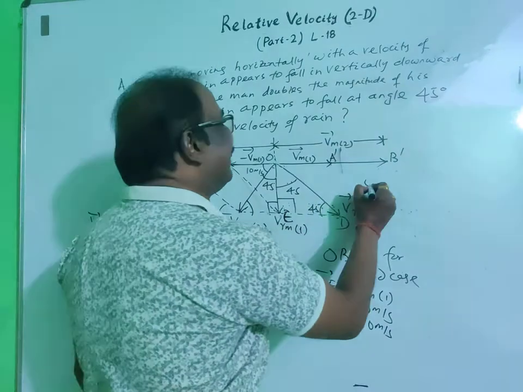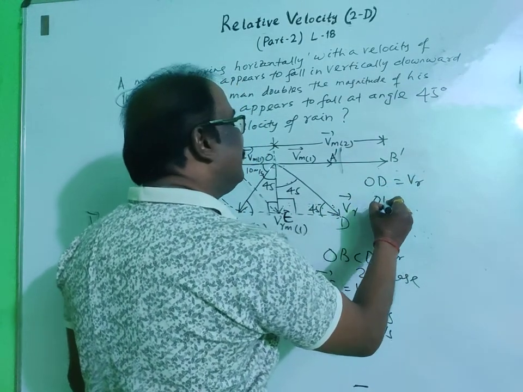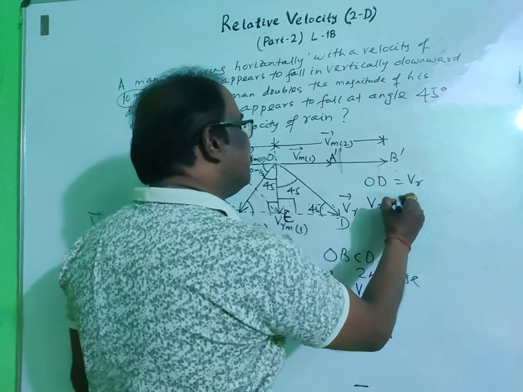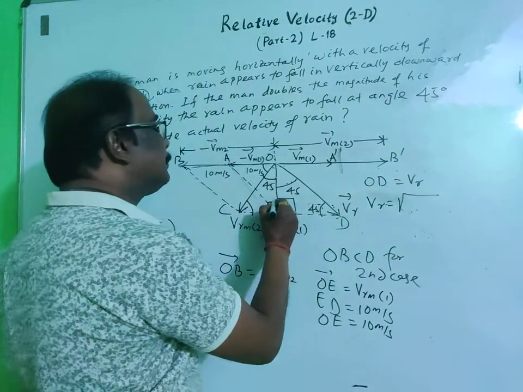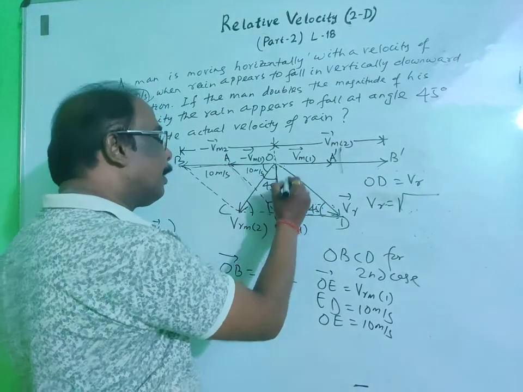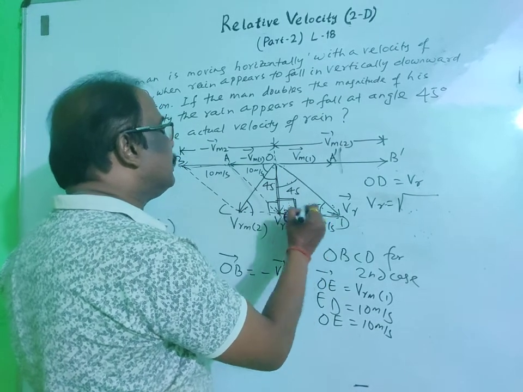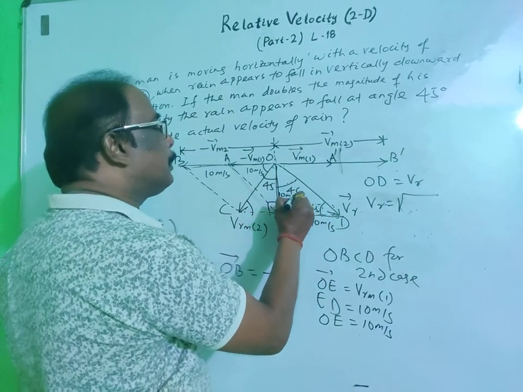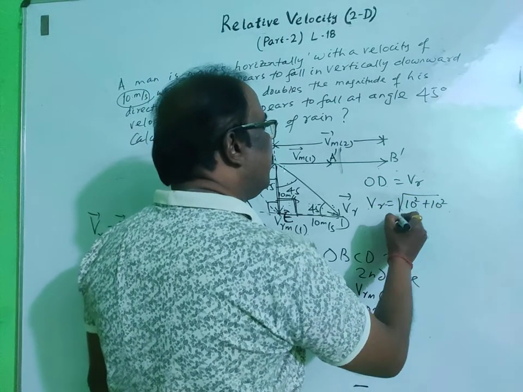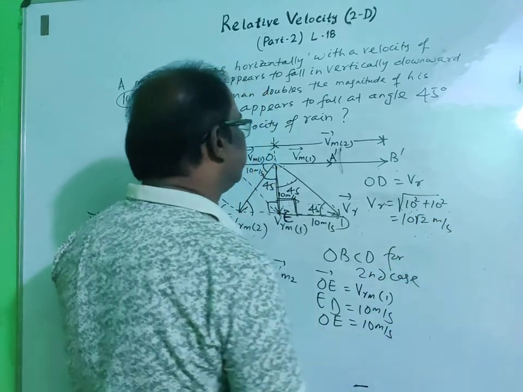Then OD represents magnitude of Vr, then obviously OD means Vr, magnitude of Vr is square root of, this is 90 degree, this is base, this is perpendicular, this is hypotenuse, this is 10 meter per second, this is also 10 meter per second, then square root of 10 square plus 10 square is equal to 10 root 2 meter per second.